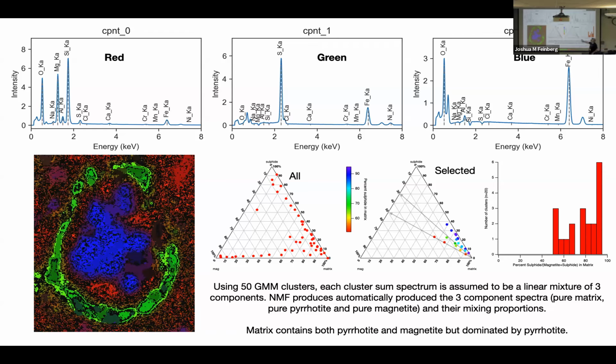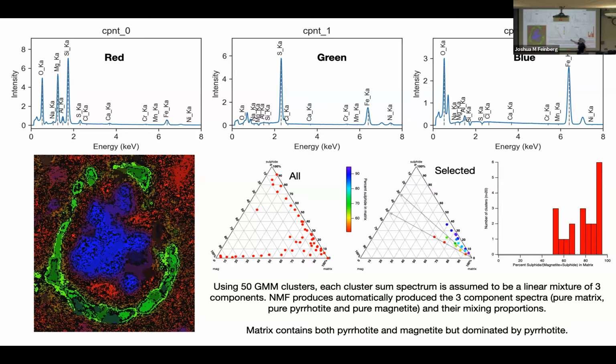Here I've just selected out the matrix points, and you can see that it's predominantly sulfide rich. So most of the matrix has fine scale iron sulfide in it, but there's also some magnetite there. So we're starting to get a quantitative breakdown of the contents of the matrix.